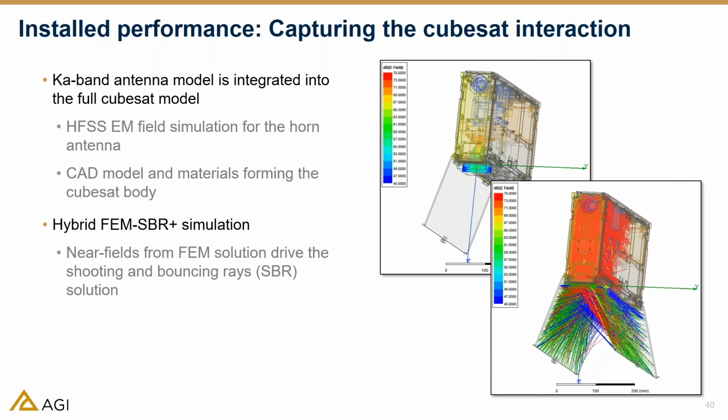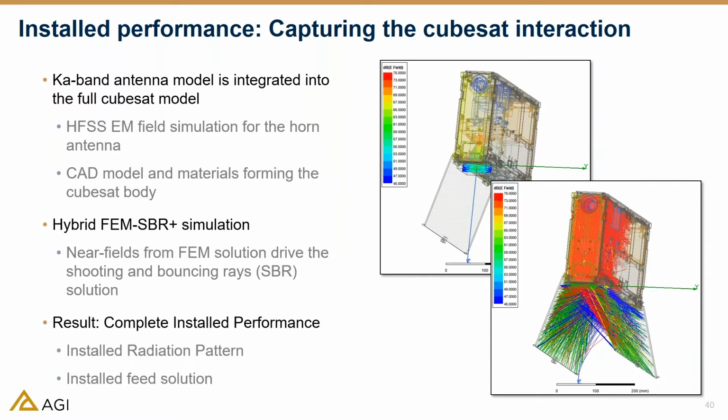Our solvers, finite element and SBR, are able to operate in a hybrid framework. So the finite element results are actually used to excite the SBR simulation. This is performed automatically by the solution process. And at the end, we obtain a complete installed performance solution.